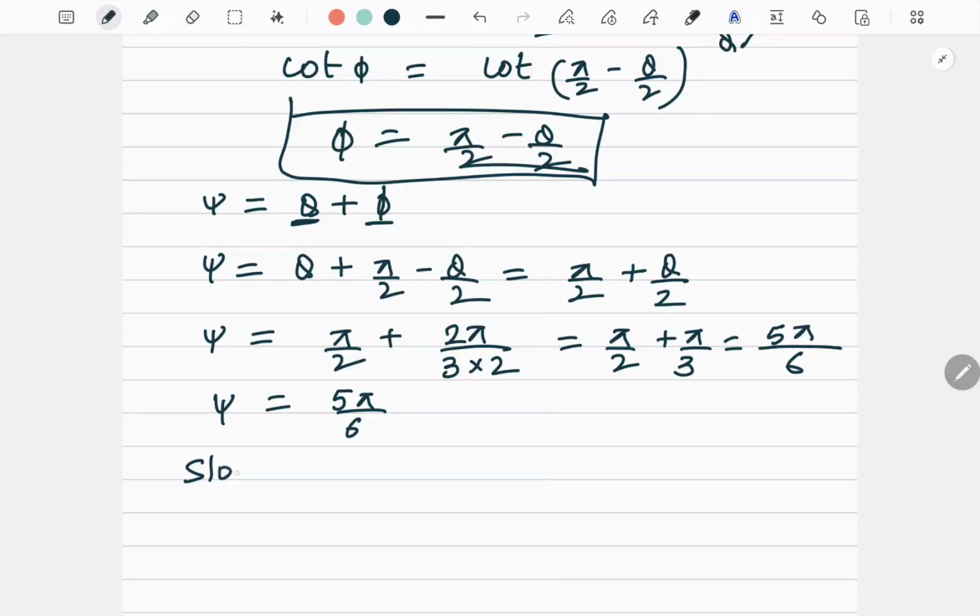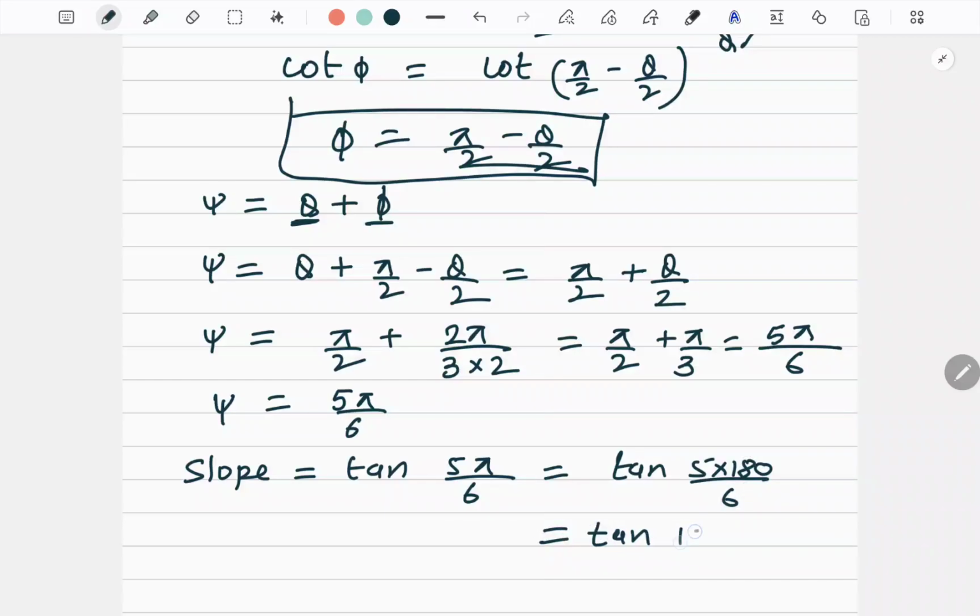So what is the slope? Slope is equal to tan of 5 pi by 6. Okay. Now you have a calculator. So you can either convert your calculator into radians and solve 5 pi by 6. Remember, if you are using pi in your calculator, your system has to be in radian. If you don't want to convert the system into radian, what is the value of 5 pi by 6 in degrees? 5 into 180 by 6, which is tan of 150 degree.